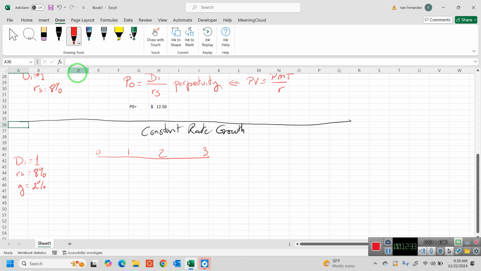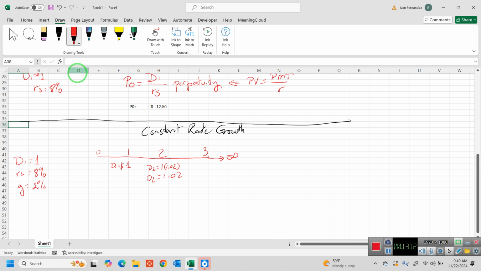Okay, so the first dividend is going to be $1, but this is D1, and D2 is going to be 1 times 1.02 because it's going to grow at 2%, right? So this is easy math. That will be $1.02. It's easy, right? The third one will be a little more complicated, and it gets more and more complicated, right?